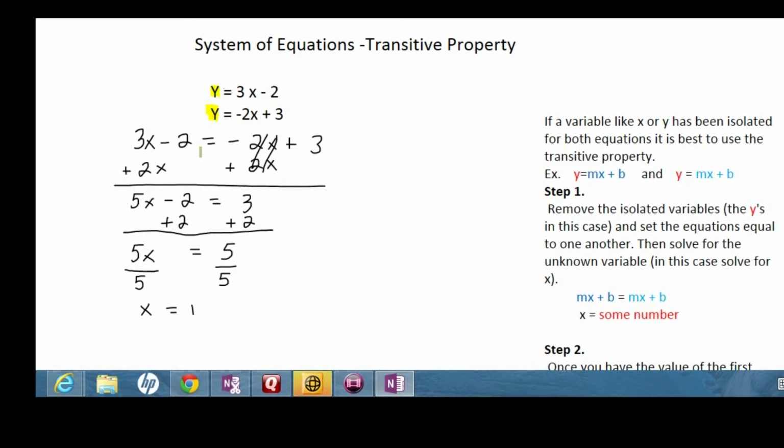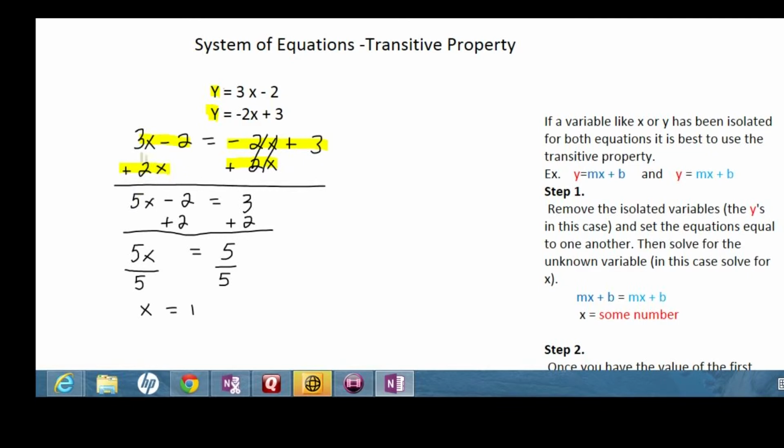I then set the two equations equal to one another, 3x minus 2 equal to negative 2x plus 3. I then decided to get rid of negative 2x on the right side of the equation, so I added 2x to the right side, and then I came over and added 2x to the left side, because whatever you do to one side of the equation, you have to do to the other side of the equation.